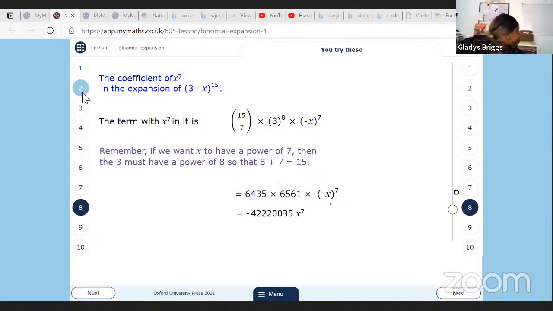Your Moodle question is going to be: find the coefficient of x to the power of 5 in the expansion of (2 minus x) to the power of 10.